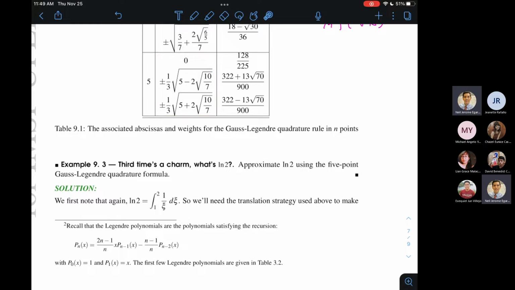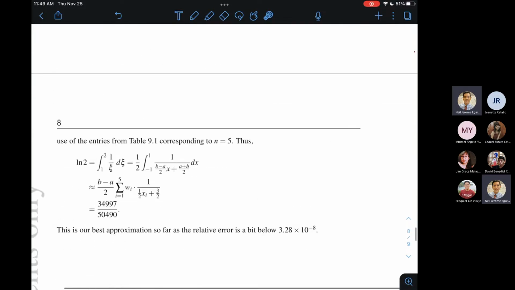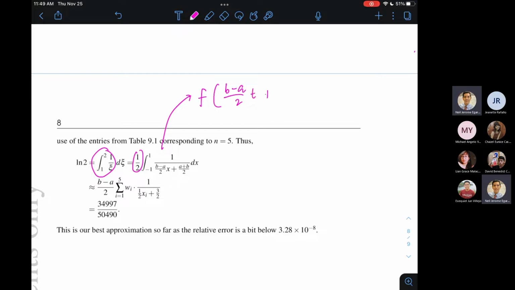So kailangan natin gamitin yung translation formula na ginamit din natin last time. So that means this integral from 1 to 2 is equal to b minus a over 2, if you remember the formula, times the integral from -1 to 1 of f of b minus a over 2 t plus a plus b over 2, where t are the abscissas we computed on the interval -1 to 1.